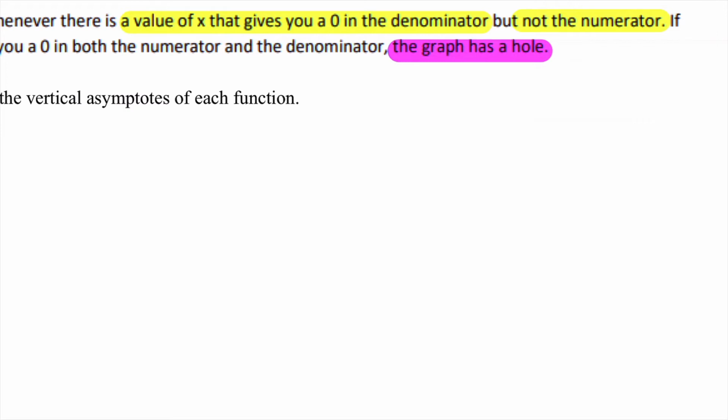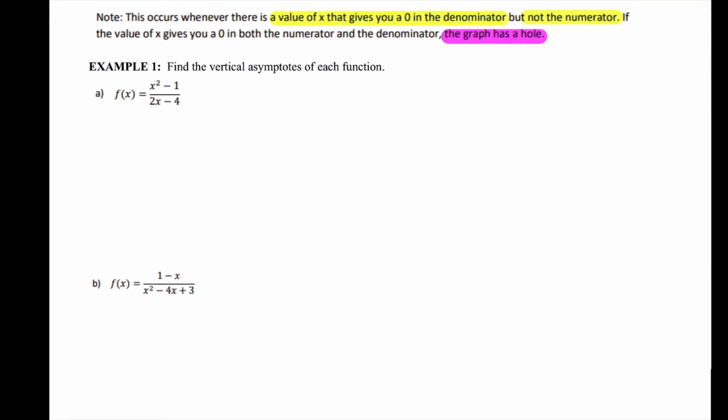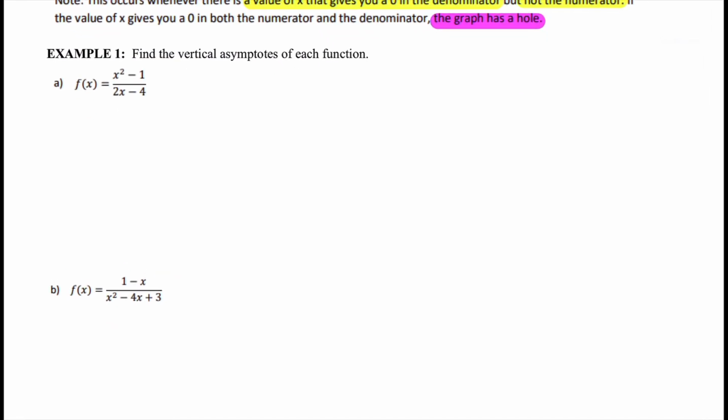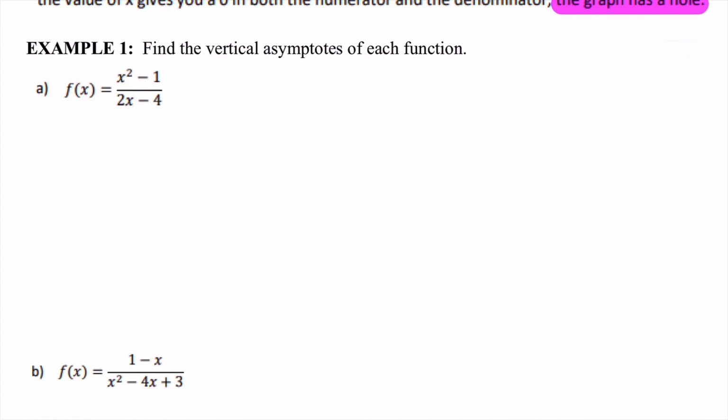How do we do that? Set the denominator equal to 0 and solve.